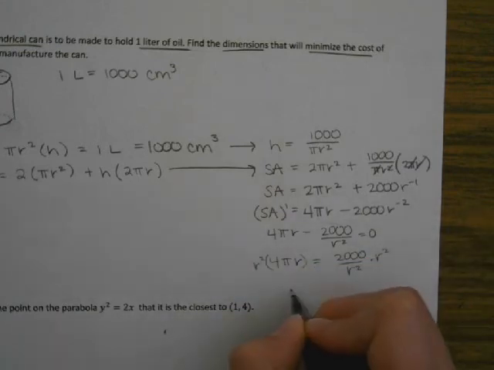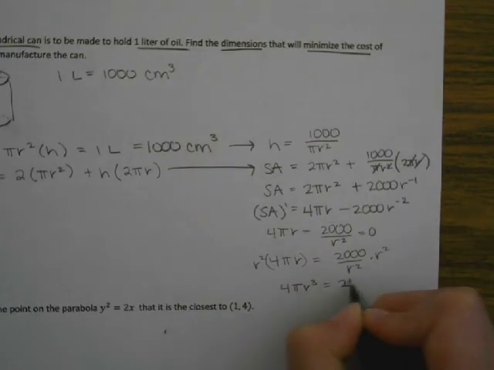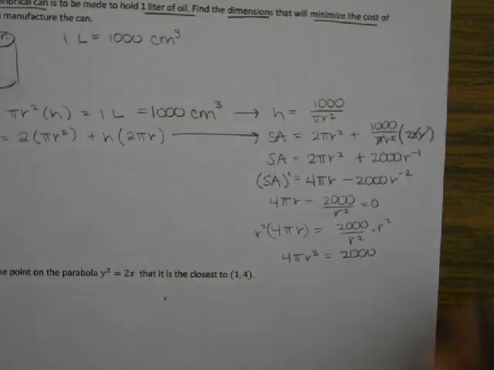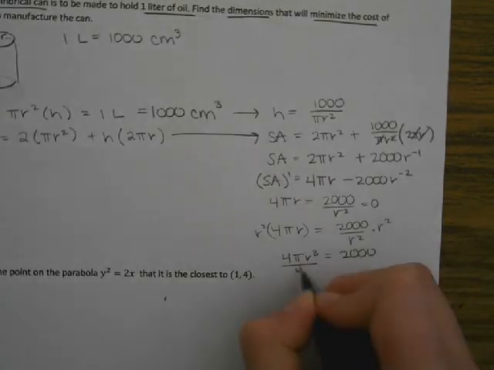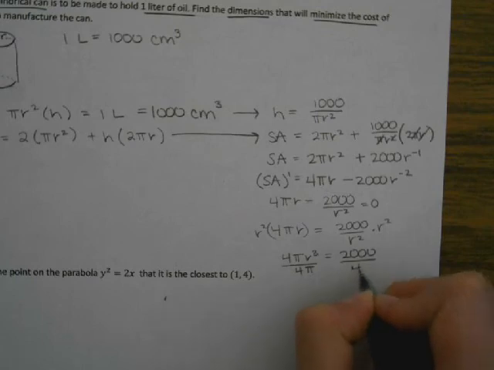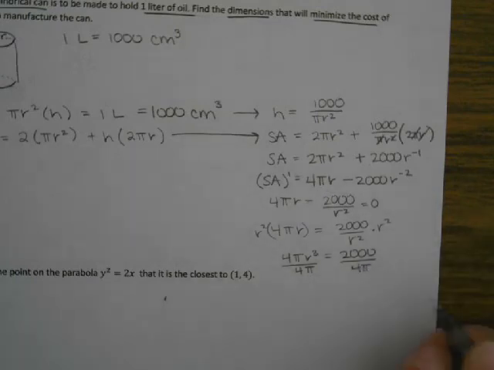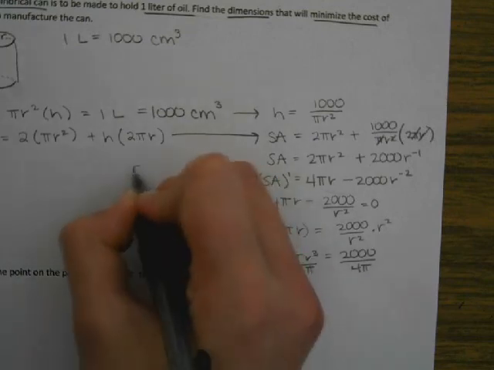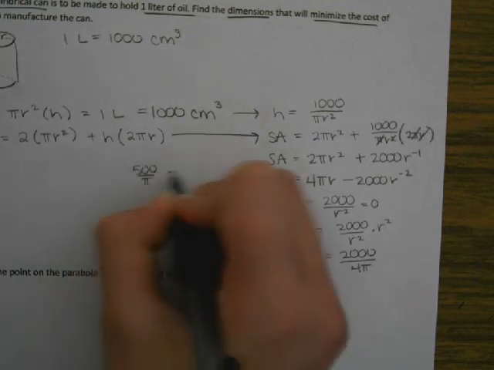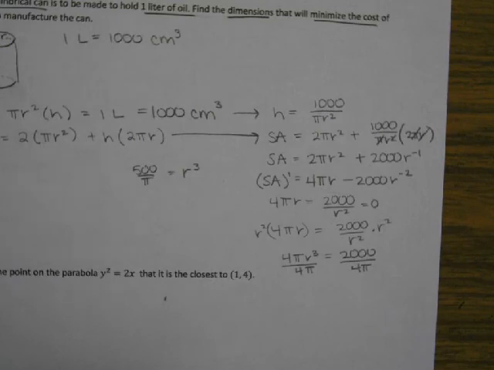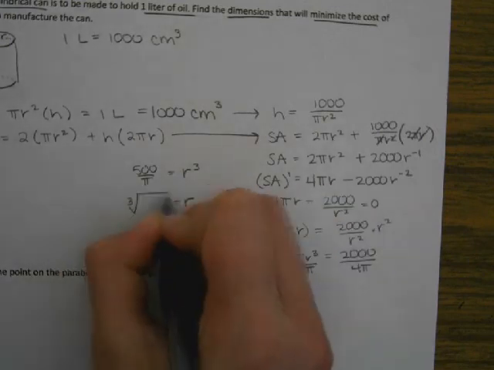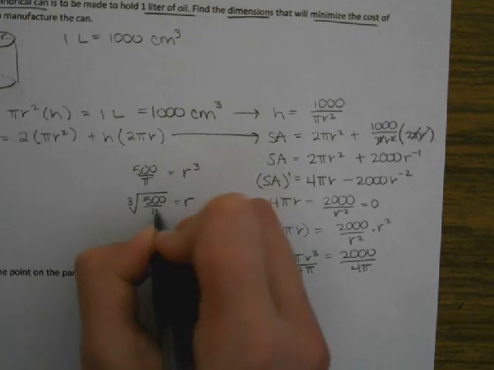And that gives me that 4 pi r to the third equals 2,000. And I'm going to go ahead and divide by 4 pi. And so I have 500 over pi equals r to the third. And so that means my r value is the third root of 500 over pi.